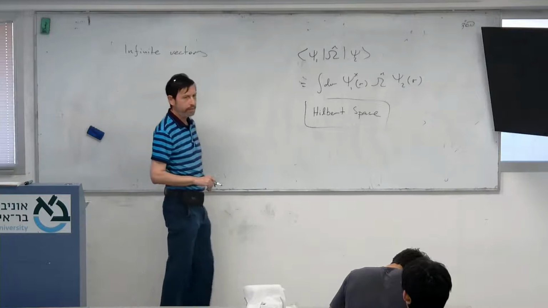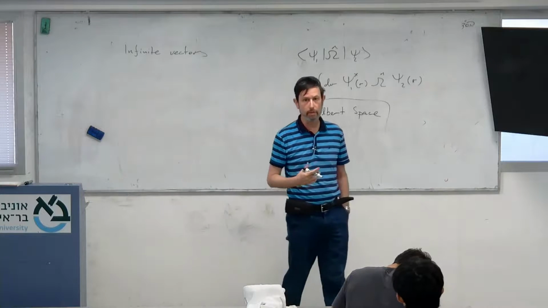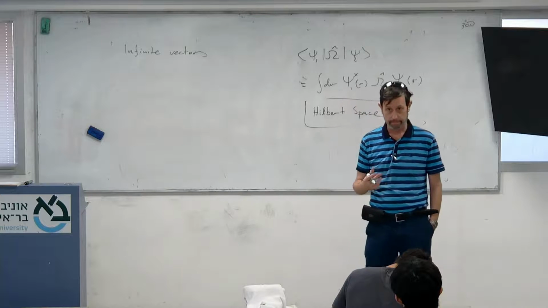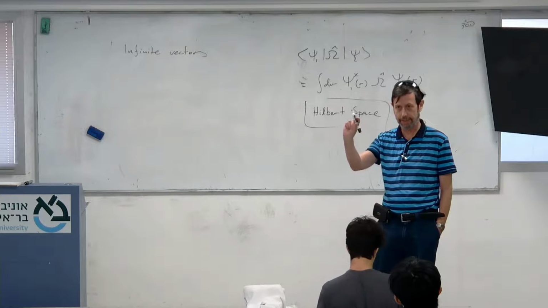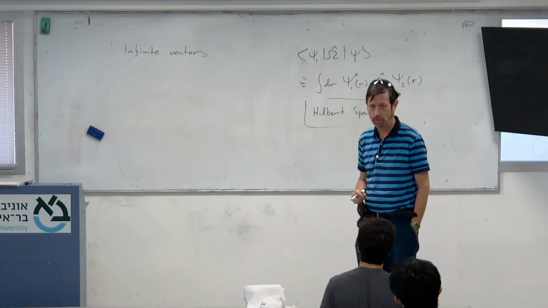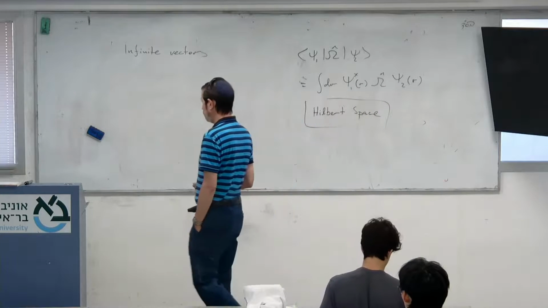Okay, let's finally define two operators and show that they do not commute. Let's choose two of them.